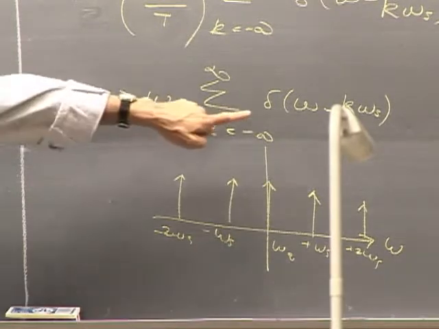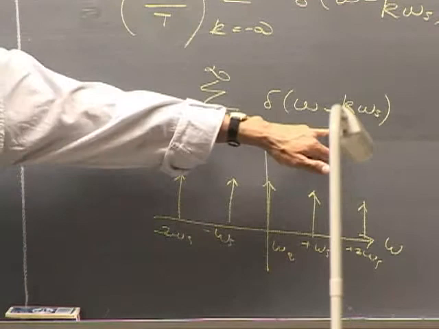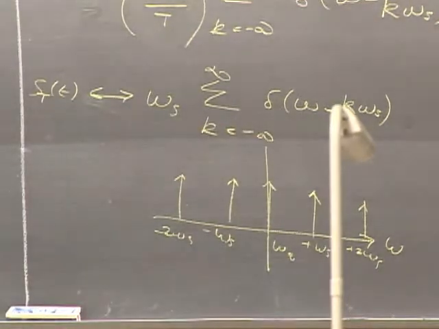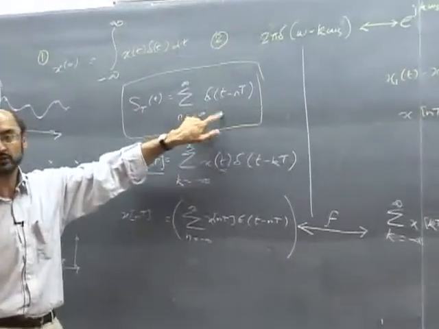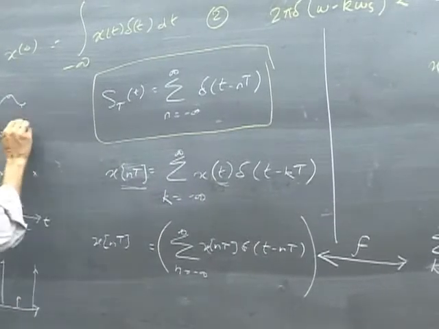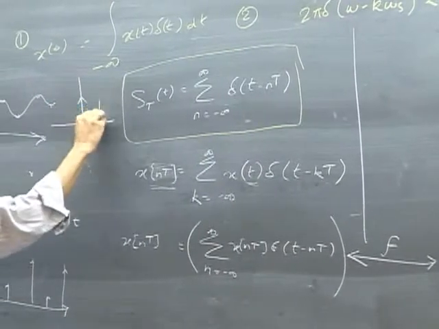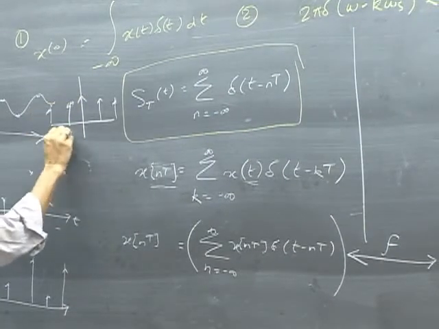So compare this function, omega s times delta of omega minus k omega s, with this function, s of t, which is delta of t minus nt, right? This one over here is the Dirac comb, like this, which is all these impulses spaced t apart.